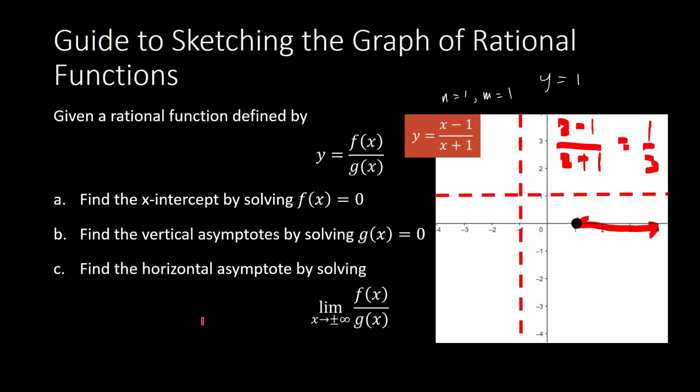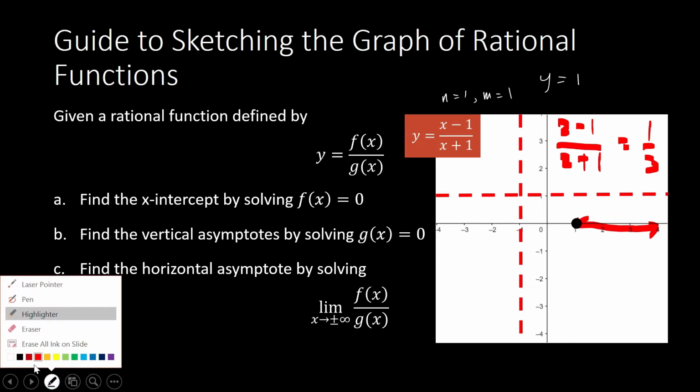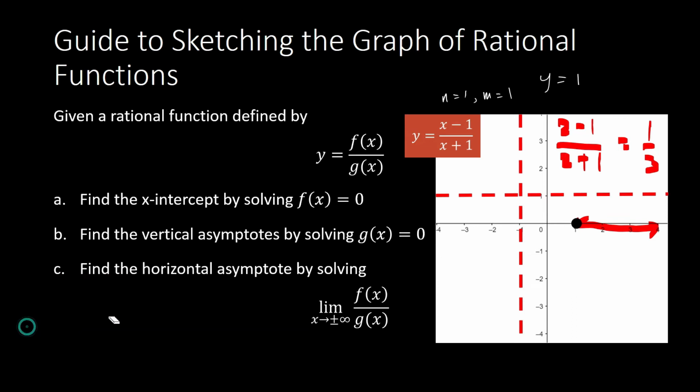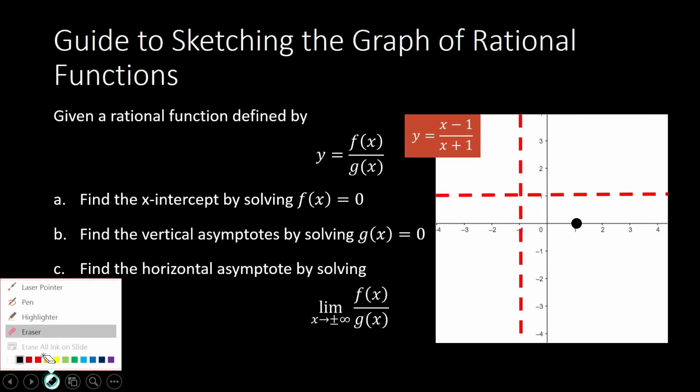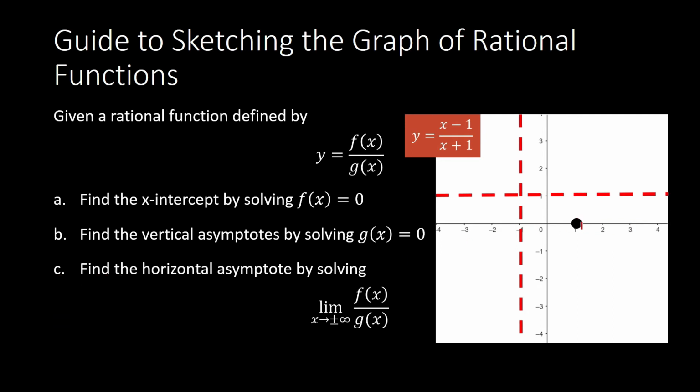So what this means is your graph is positive. It is above the horizontal axis. And so as x approaches infinity, our graph approaches the horizontal asymptote.